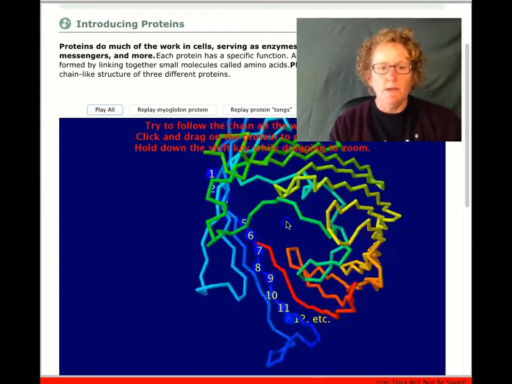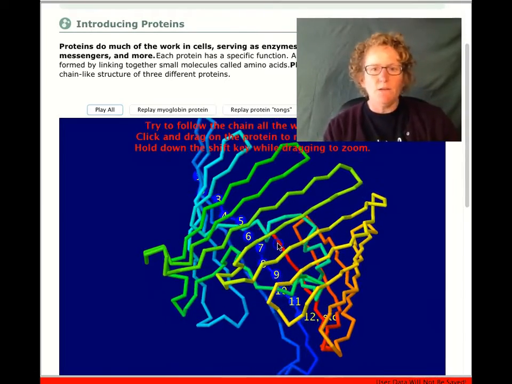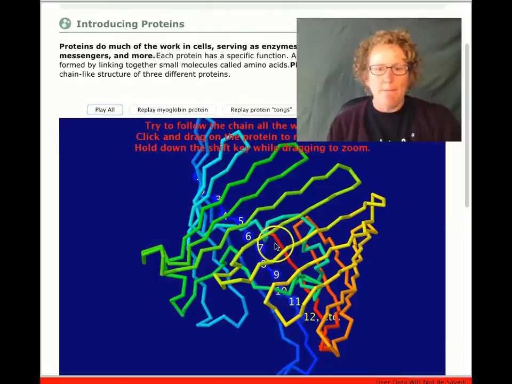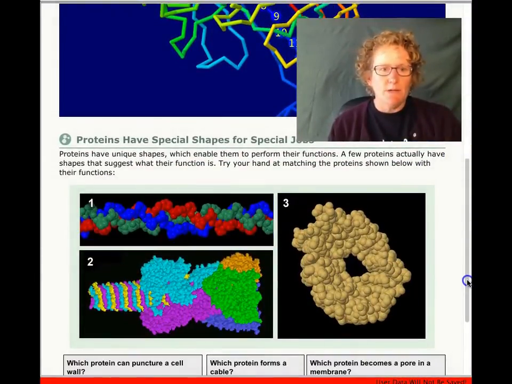Kind of cool, huh? It's really just one long string, but it makes this channel or this kind of pipe shape, cylindrical shape in the side of a bacteria.